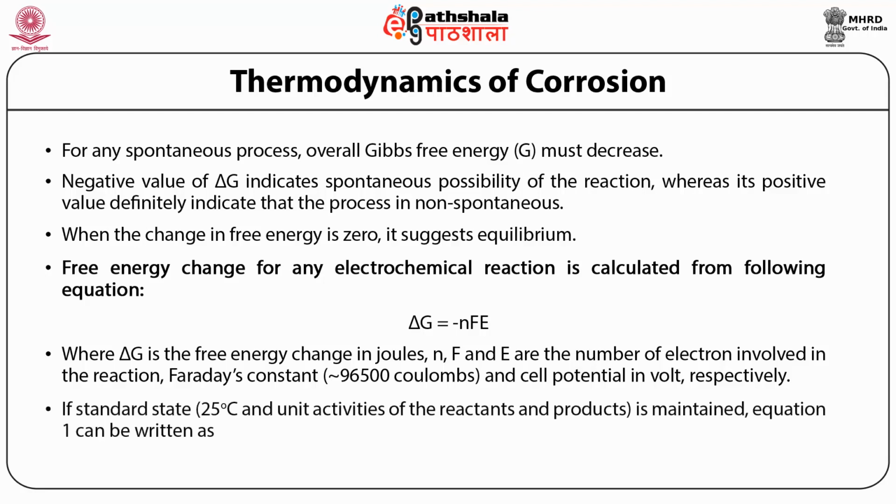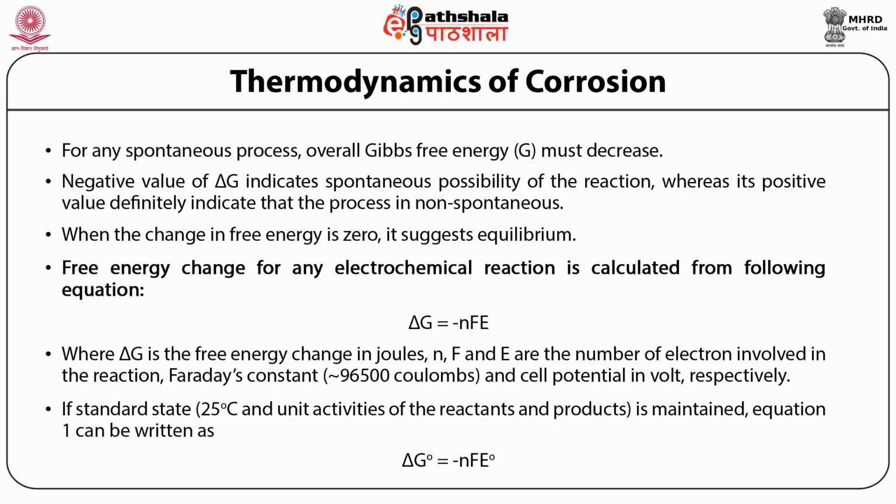If the standard state is maintained, then the above equation can be written as delta G degree is equal to minus N F E degree. The right-hand side of these two equations contains the negative sign.